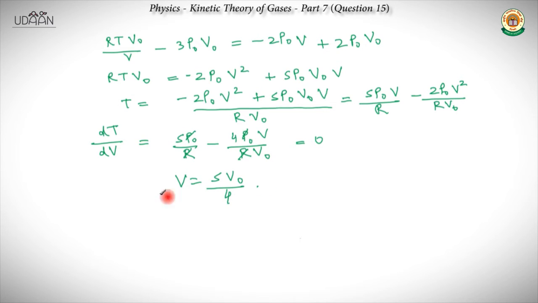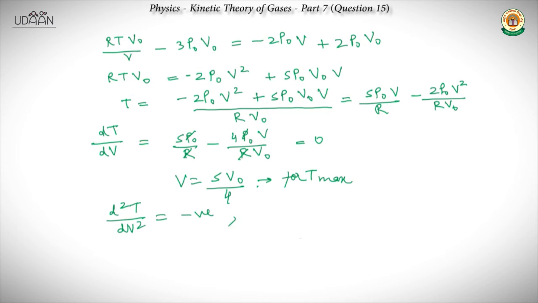Now we have to find temperature once we found V. This V is for T max, and we can verify it by doing d2T by dV2, which will come out to be a negative number. So basically that will imply that that is a maxima.